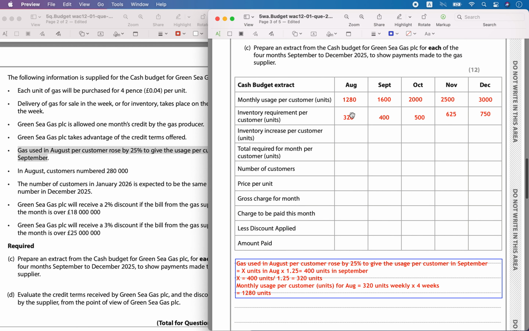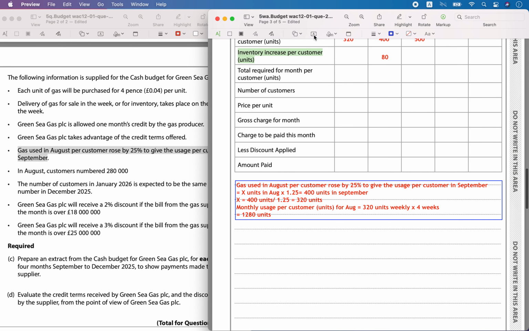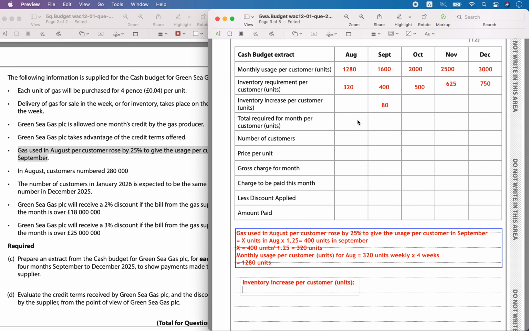Then inventory increase. This business has 1 week of supply. So in the month of September they would have had 320 arrive, plus they need to get an extra 80. So we have to calculate the inventory increase per customer. In September, again it would have come 320, but there is an incremental value of 80 that needs to be brought in.